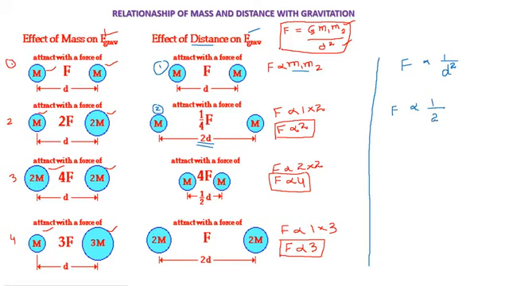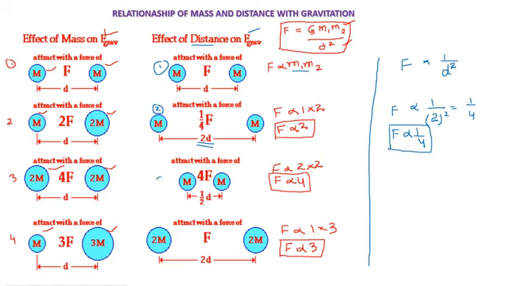Because it is a square, I need to make it 2 square, so this is coming 1 upon 4. That means the force has become 1/4. Now the gravitational force between the two objects has become 1/4, right?